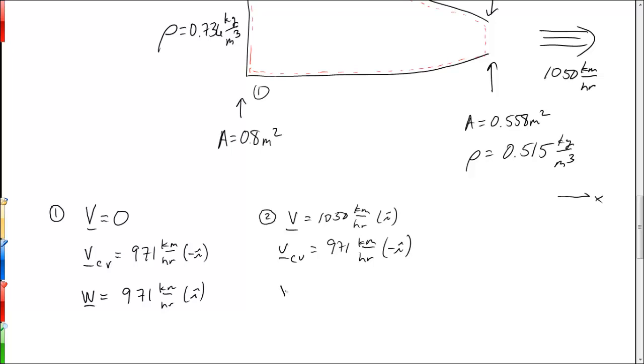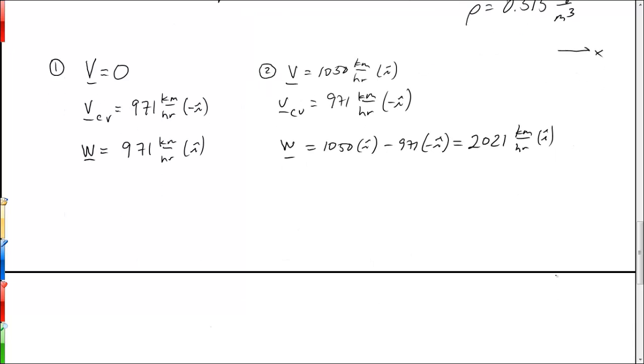And so W is going to be equal to 1050 i hat minus 971 minus i hat. And so we get a minus and minus, so we get a plus. And so we end up with 2021 kilometers per hour, and for completeness, in the i hat direction.